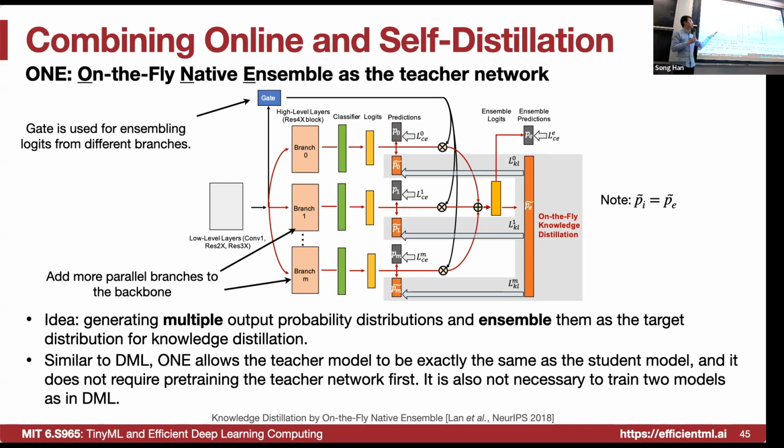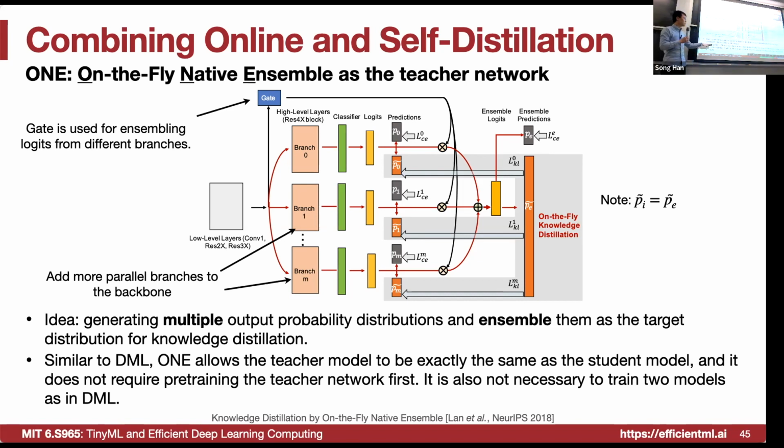Each branch makes a prediction here in gray, and we have a gate which is used for ensembling the logits from different branches. Finally we use the ensembled probability distribution to supervise the prediction of each branch, branch 0, branch 1, branch n.